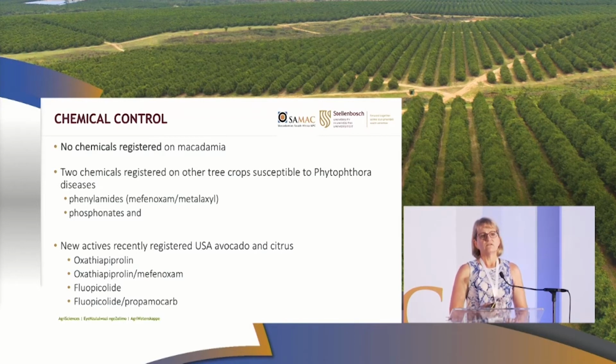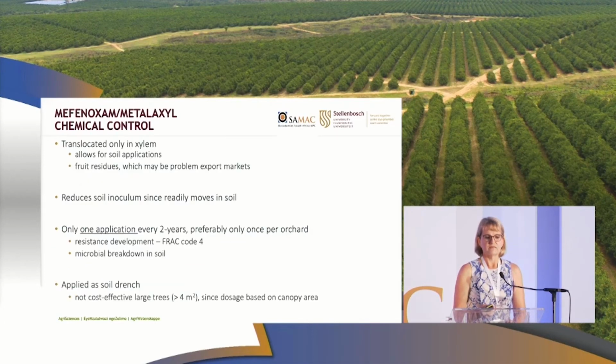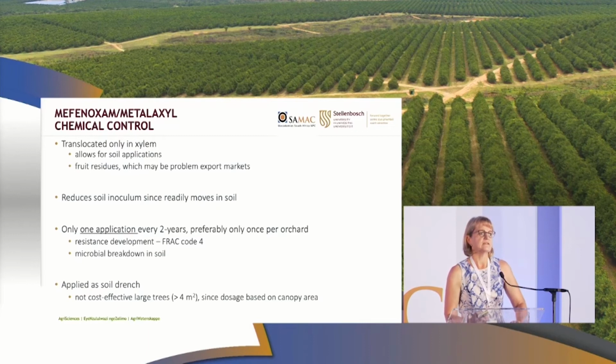They are all single-site fungicides that are applied as soil drenches that are highly effective, but due to resistance development, they will eventually be sold in combinations with other products to prevent resistance development. So if we look at mefenoxam and metalaxyl, why it is effective is because it relatively moves in soil, and unlike your phosphonates, it can control your soil inoculum.